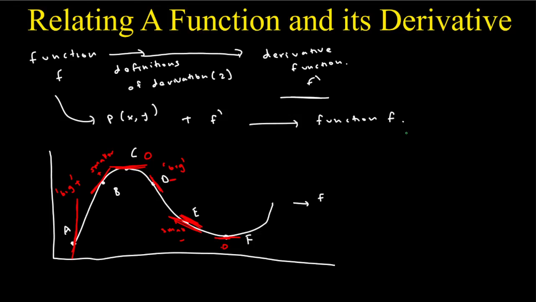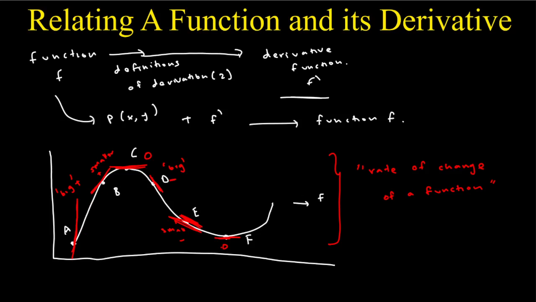That's because the derivative is the rate of change of a function. It's a measure of how much the function is changing at a specific value. At point A, it's increasing very fast, so after point A our y value increases a lot.